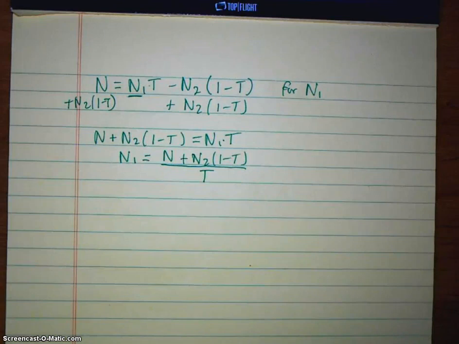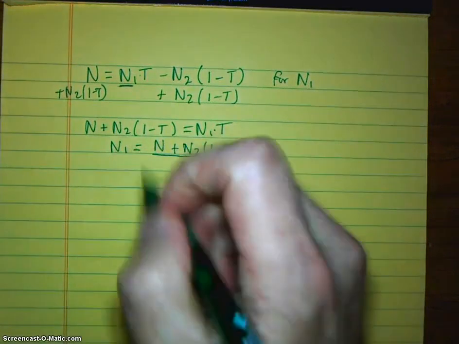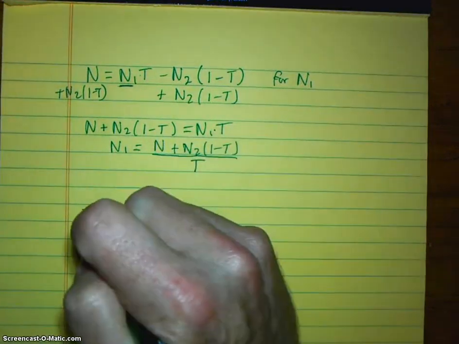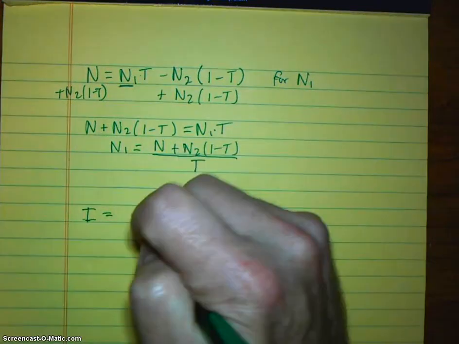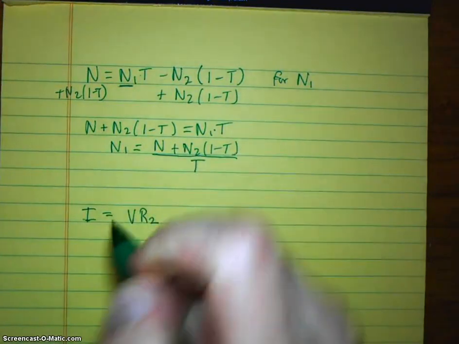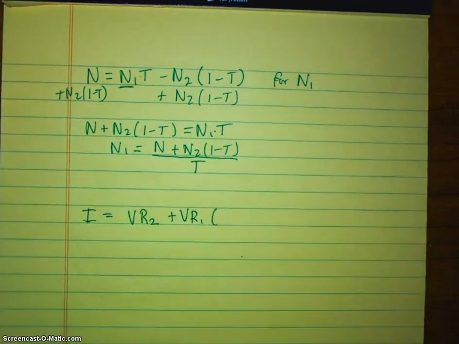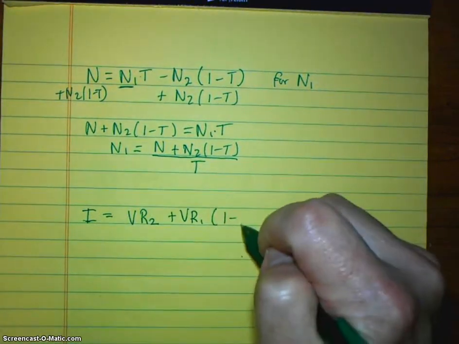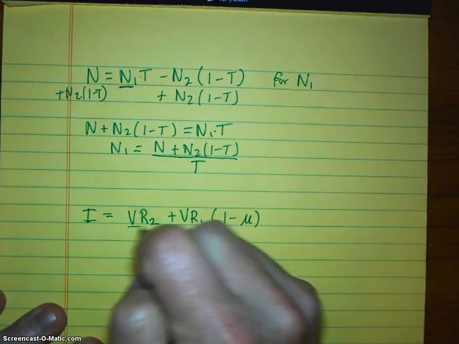All right, let's try a couple more, and I think we'll be good for today. How about big I equals VR2 plus VR1 times 1 minus mu, that's the Greek letter mu, throw some Greek letters in there, that makes it even more fun, divided by R1 times R2.